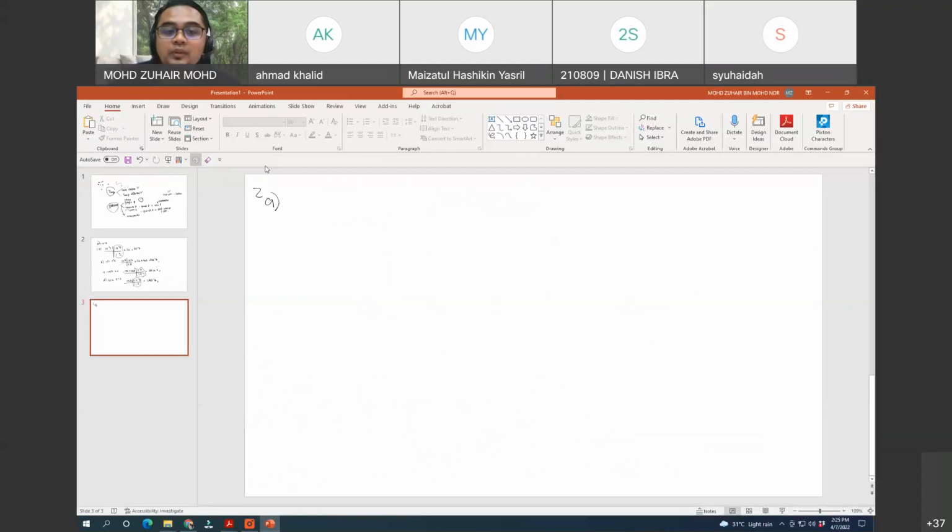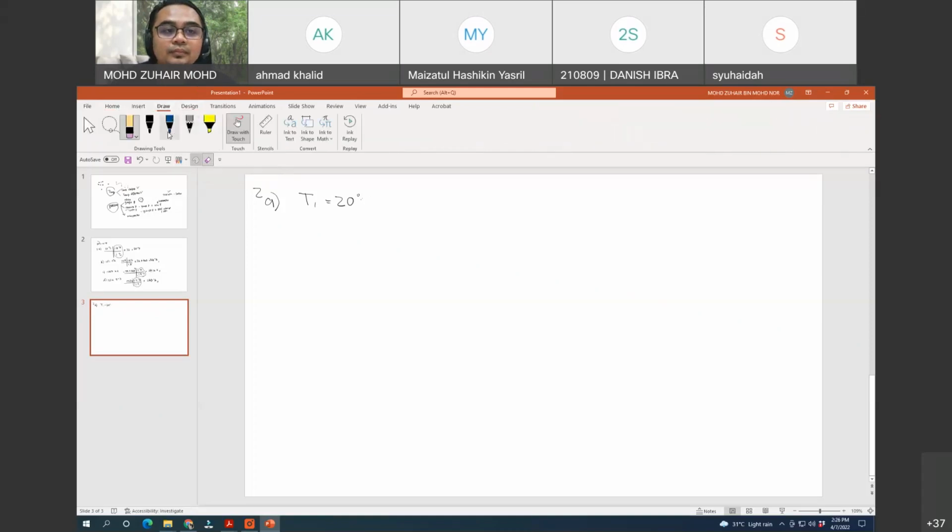So T1 is 20 degrees Fahrenheit, and we want to change it to degrees C. And then T2, 80 degrees Fahrenheit, we want to change to degrees C.